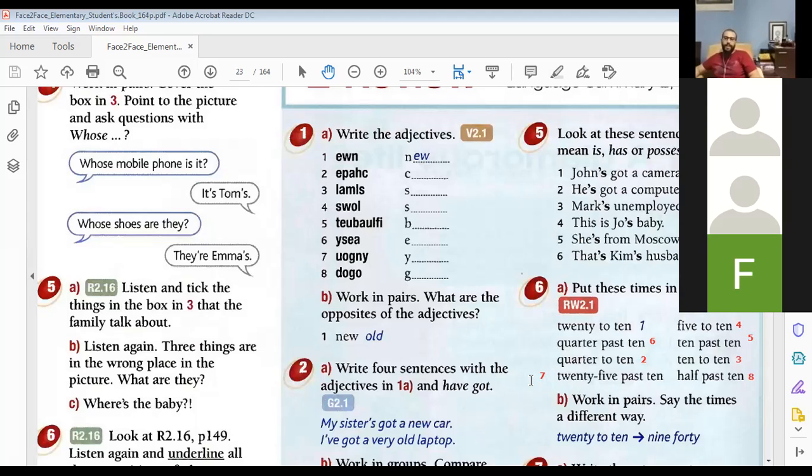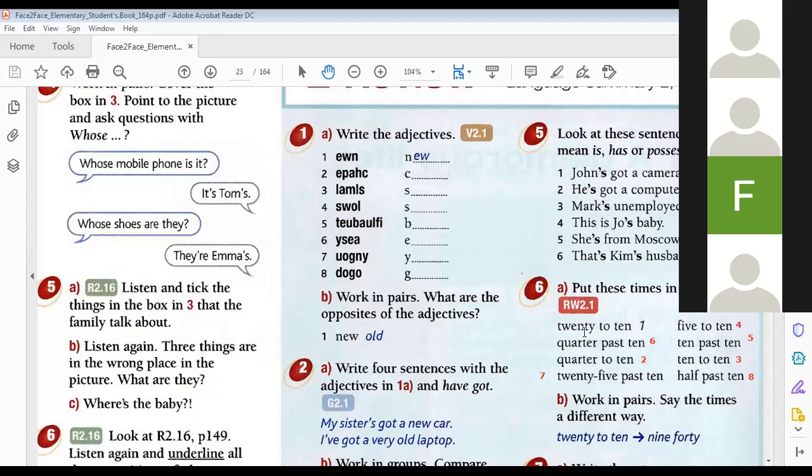Correct. Now let's say these times in different ways. Basma, okay, 20 to 10. So this is 9:40. But what about quarter to 10? What is this? 9:45. All right, good.